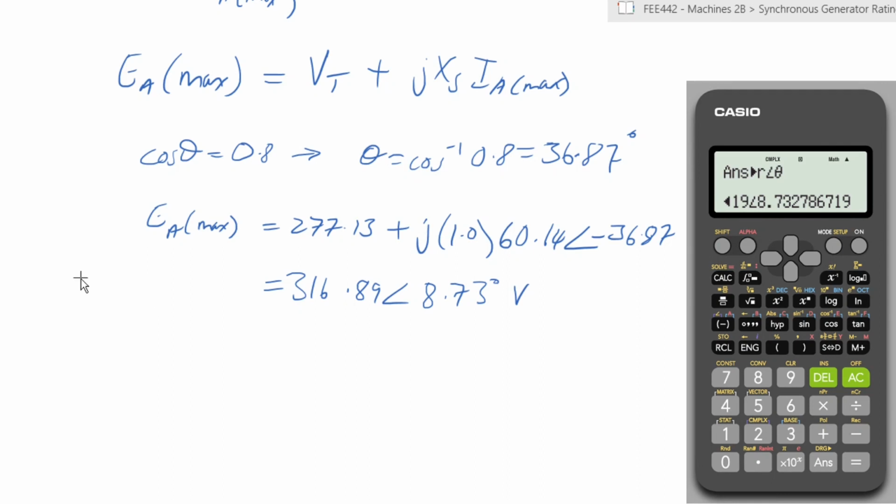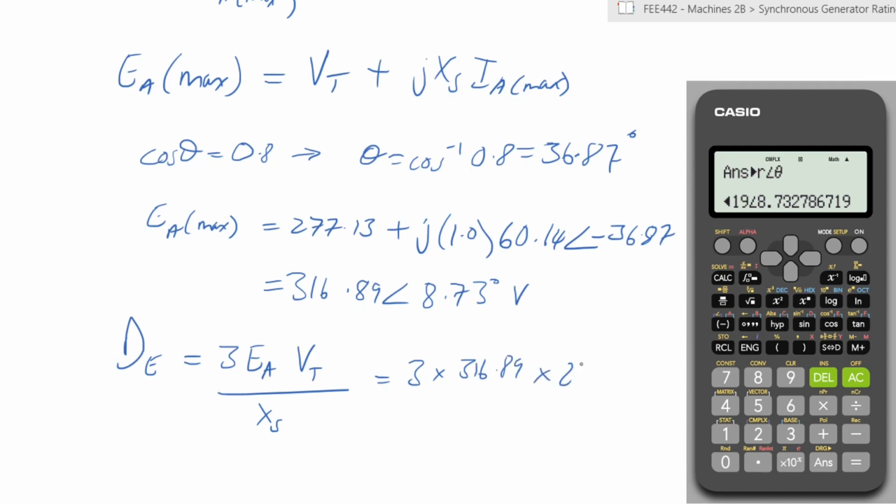So this was done in order that we can get our DE, which is what we will need when we are drawing our capability curve. So DE is equal to 3EA times VT over XS. So it will be 3 times 316.89 times our VT, which was 277.13, over 1.